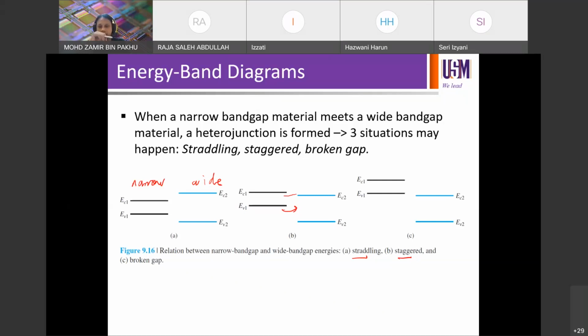The third situation is when both EC1 and EV1 are beyond EC2 and EV2. Dua-dua duduk atas, yang narrow band gap, dua-dua EC-EV duduk atas wide band gap, right? So in this case, we call the combination a broken gap. So you have to really know the EC and EV levels of both materials, right? 1 and 2, narrow and wide.